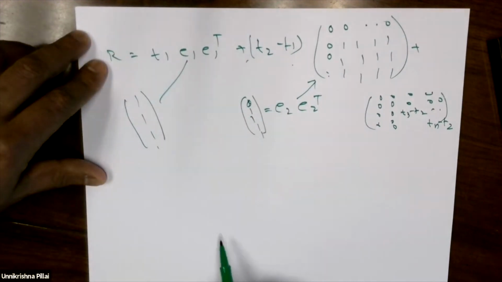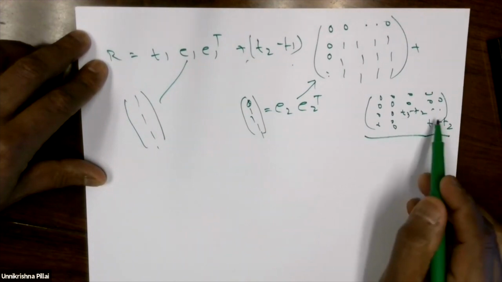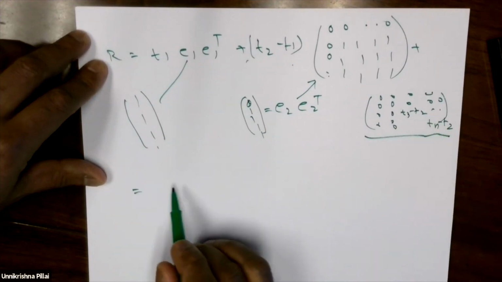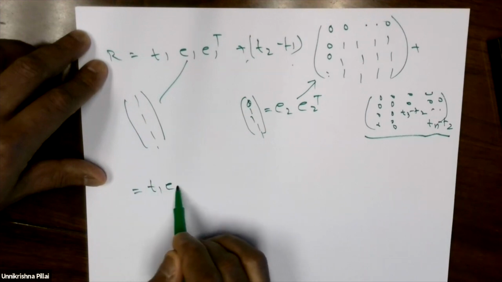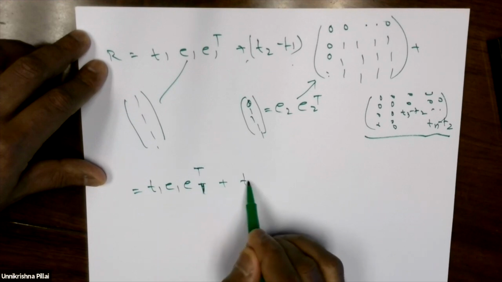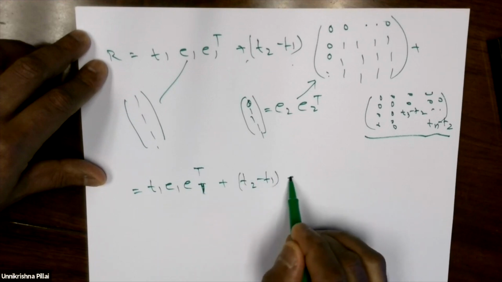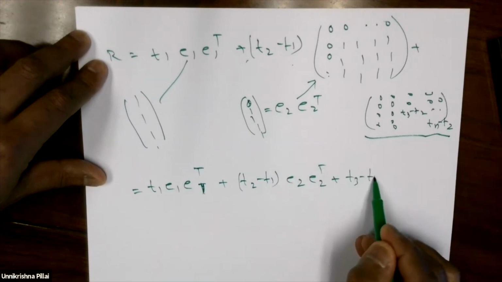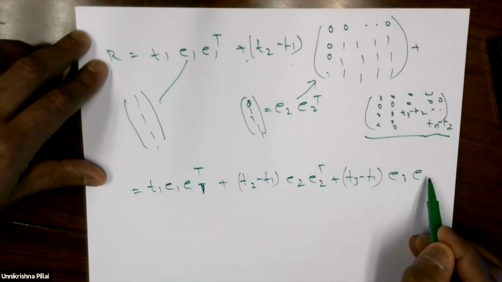So if you continue this, again you do the same thing, pull out the T3 minus T2 outside. So you can write this as T1 multiplied by E1 E1 transpose, plus T2 minus T1 multiplied by E2 E2 transpose, plus T3 minus T2 multiplied by E3 E3 transpose.